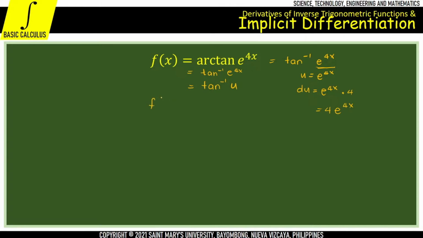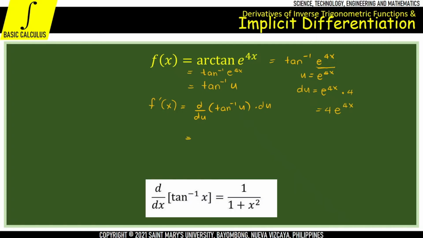Therefore, if we are to solve for f prime of x, that will be equal to the derivative of inverse tangent of u with respect to x. So we have d over du of the inverse tangent of u multiplied by du. What is the derivative of the inverse tangent of u? The derivative is 1 all over 1 plus u squared.